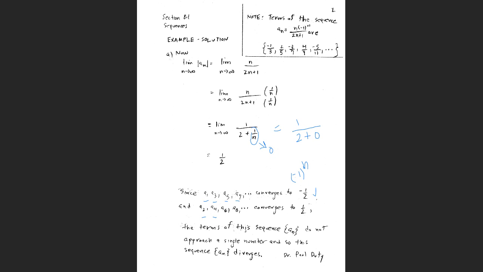For the even terms of the sequence, a sub 2, a sub 4, a sub 6, a sub 8, and so forth, those will converge to positive a half, because when n is an even number, -1 to the nth power is plus 1. So the terms of the sequence oscillate. Eventually, they're going to approximately oscillate back and forth between negative a half and a half. They do not approach a single number, and so this sequence diverges.